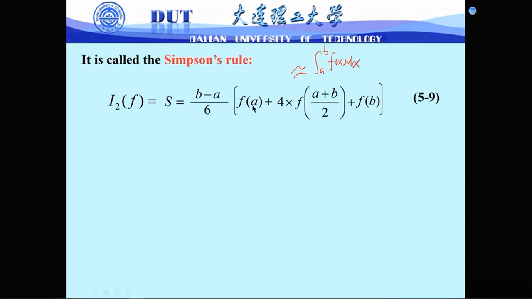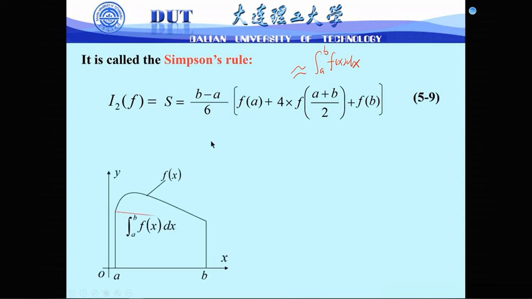We use 3 function values. You should remember the 3 weights 1, 4, 1, and the denominator is 6 because 1 plus 4 plus 1 is 6. And don't forget, you need to multiply the length of the interval b minus a. Clear? This is the very famous and very popular Simpson's rule.